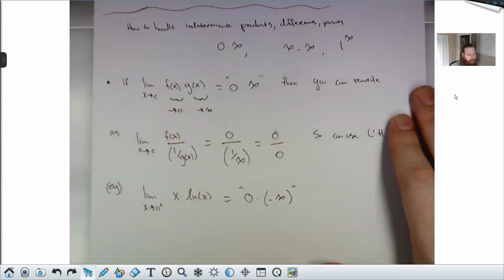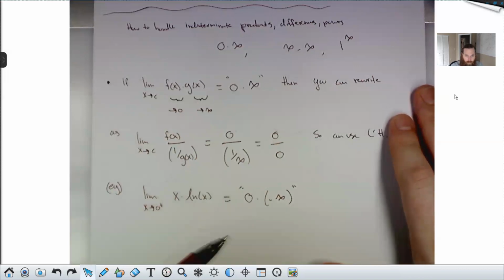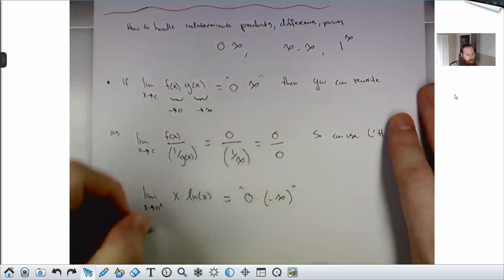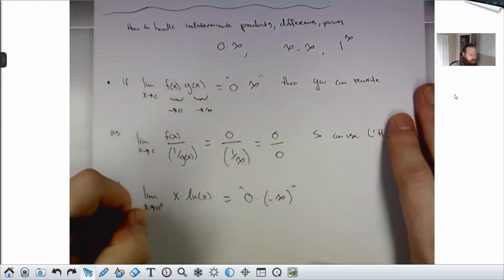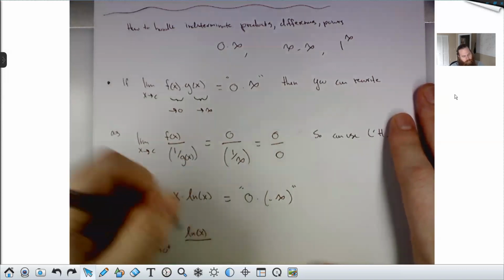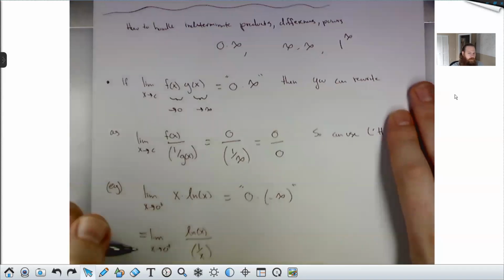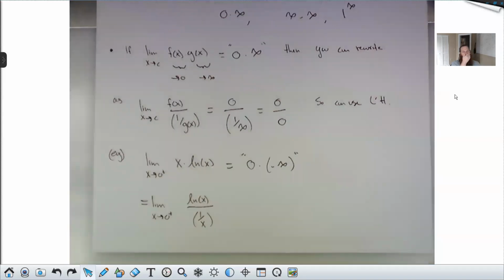And I can handle it by shoving the ln x downstairs as 1 over ln x, or I could shove f of x downstairs, the x here, as 1 over x. I'm going to do the second thing there, just to get a little variation, but either one would work. So I can leave the ln x upstairs and send the x downstairs as 1 over x.